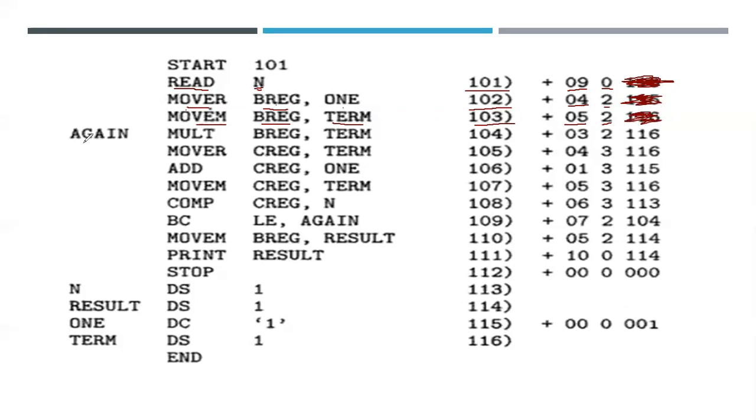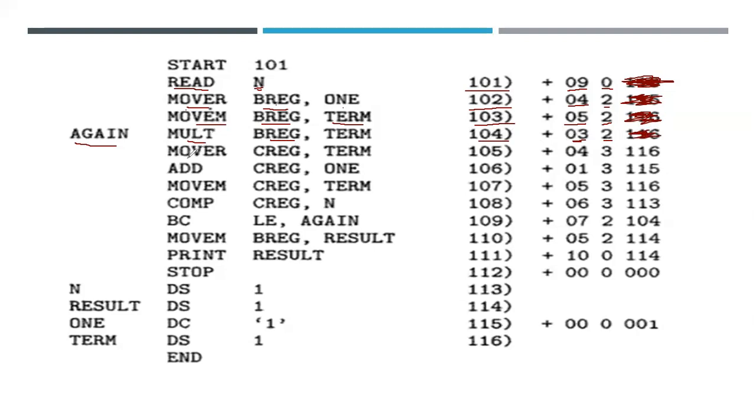Next is again, which is a label, so just neglect that while considering the machine code. Next is mult, which is 03. By default the next address is 104. 03 is mult, and you know the value for the B register is 2. Term we don't know, so forget about this for the time being.